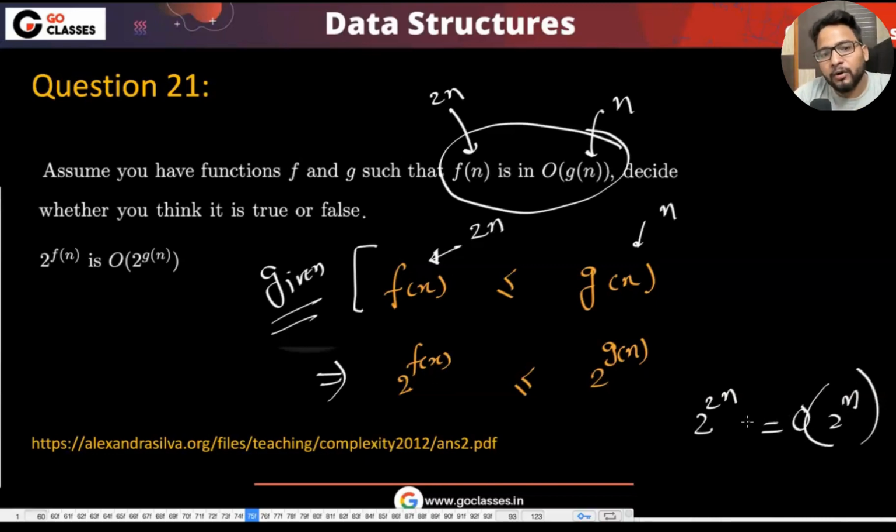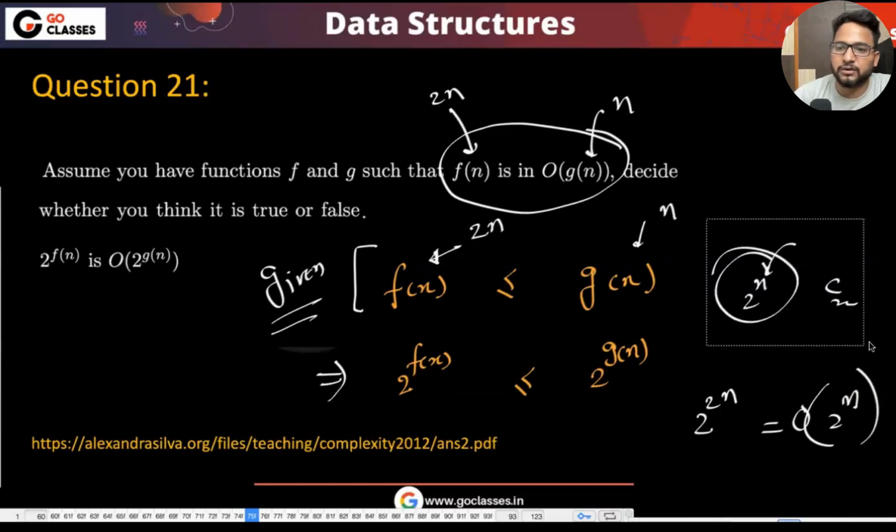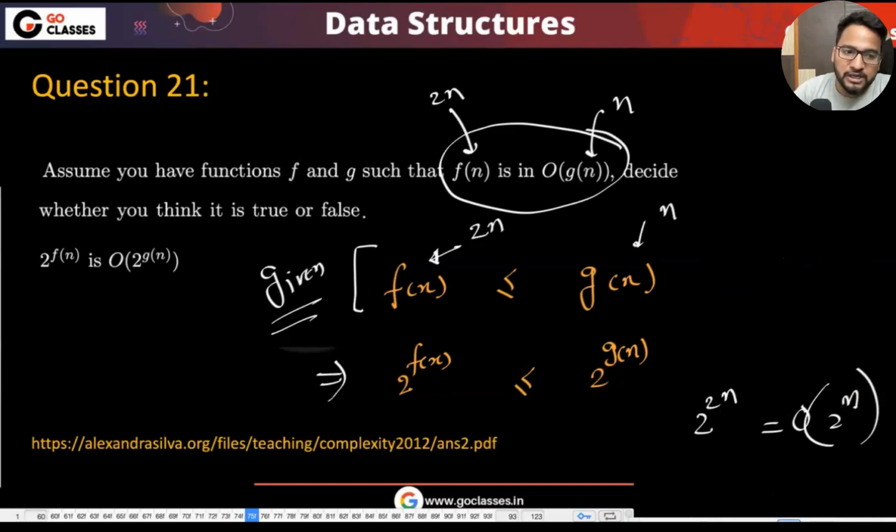Whatever constant you take, however big, I will take an n such that the function exceeds that constant.